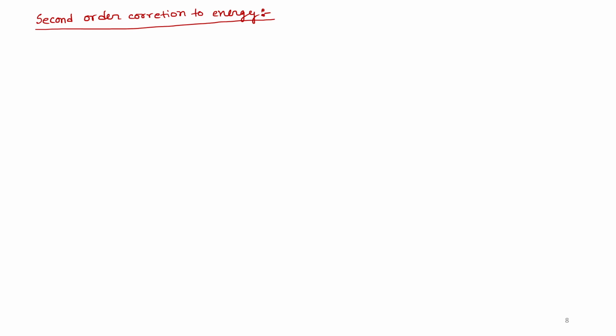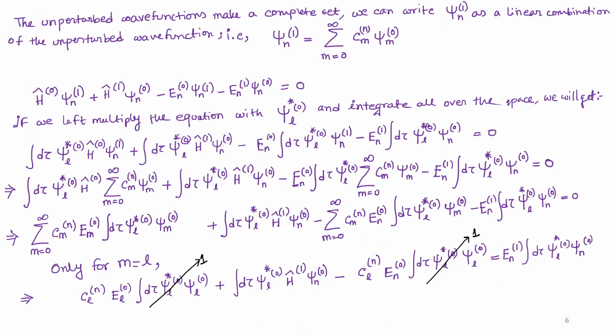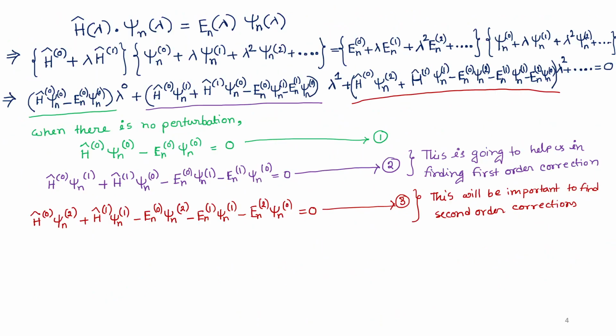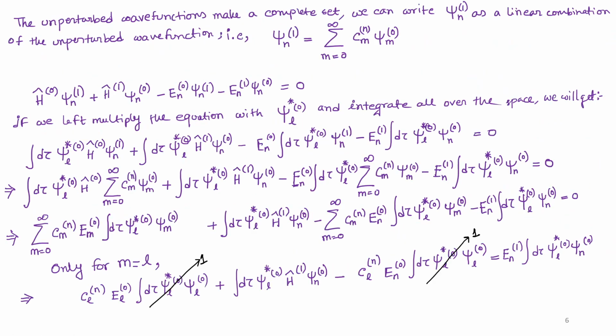Okay, so let us find the second order correction to the energy due to the perturbation. Do you remember the third equation? Third means this one. So I'll go back to here, see this equation, Hn ψn1. I know it would be tough to remember, but again I told you the trick, that this 0 plus 2, 1 plus 1, this should be there. Just let me check if I can write like that.